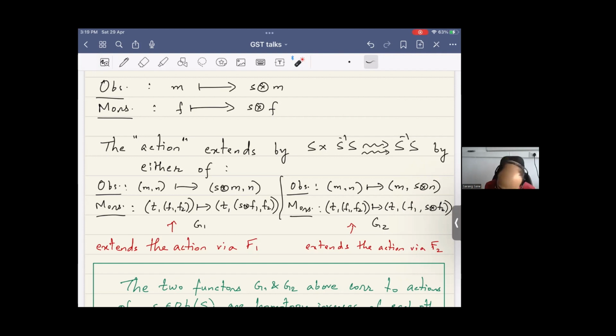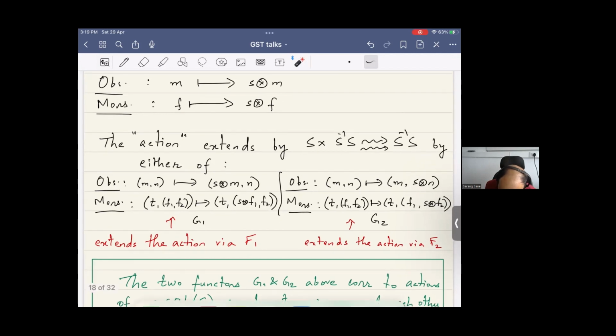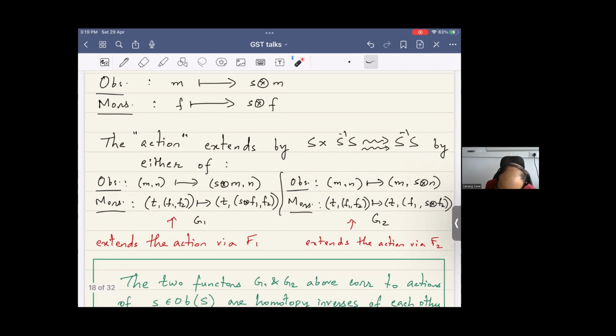If you have F1, the way this action extends is as follows. Remember in F1, the S component, meaning the category capital S, goes to the first component of S inverse S. So here you only tensor the first components by this little s, and if you want to extend it via F2, then you do it on the second components.